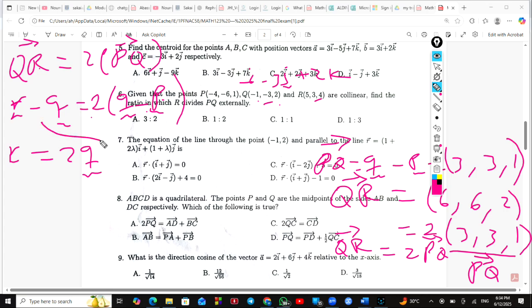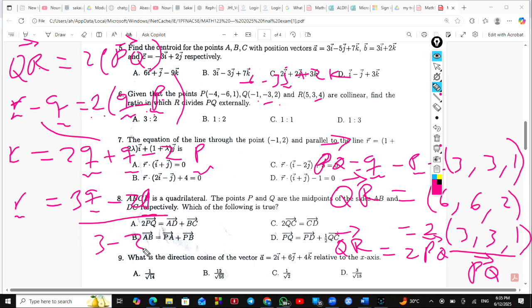If I bring this negative q here to be plus q, 2 times this is minus 2p. You see the vector r is equal to 3q minus 2p. So we can say this all over 3 minus 2, which is the same as 1, right? So you have it this way.